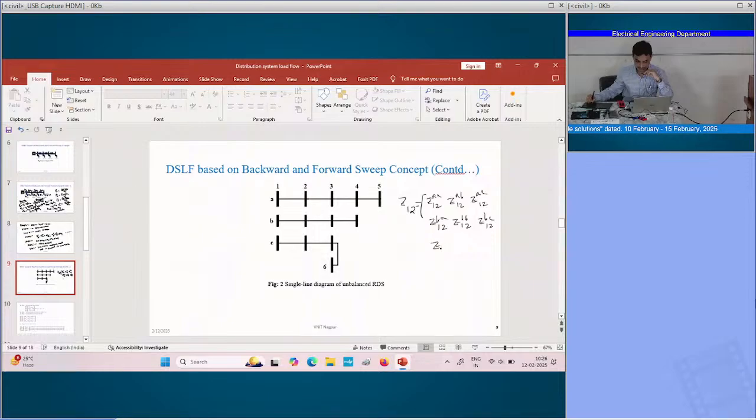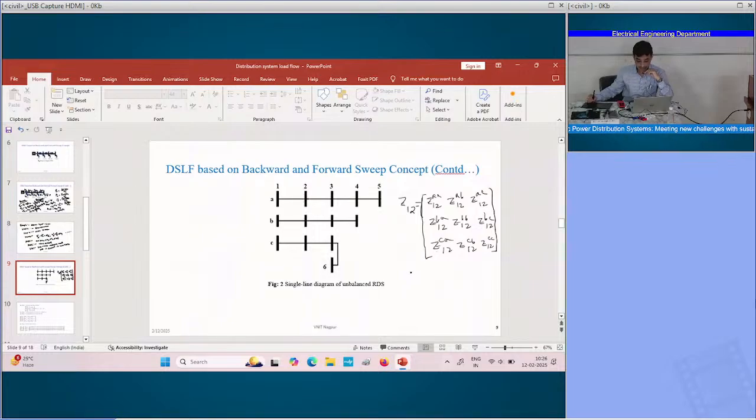Similarly for the last row, Z12 for CA, Z12 for CB, Z12 for CC. That will be the size of this matrix.